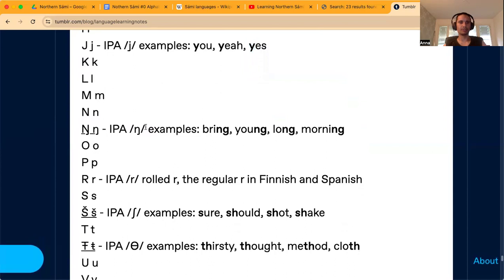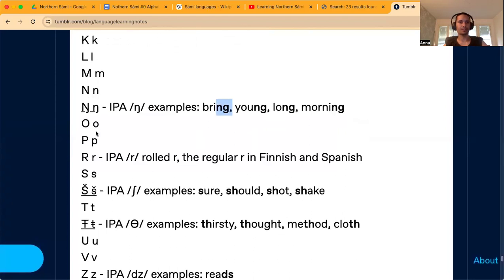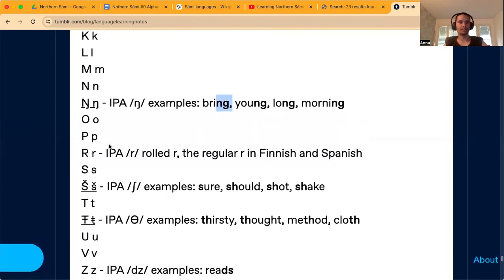Okay, this one is a weird looking N with a small hook. And it's similar to the phoneme here: bring, young, long, morning, ng. So ng. O, P, these are normal.